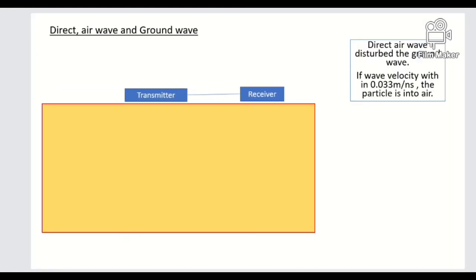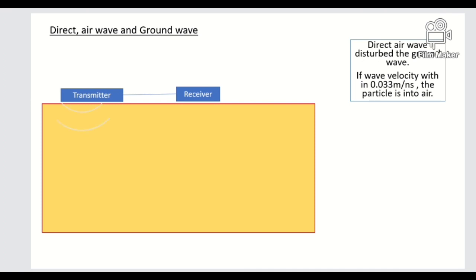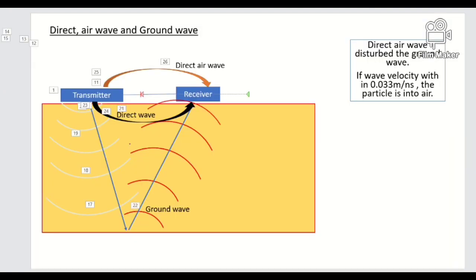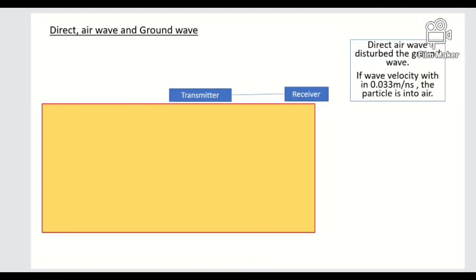You transmit the wave energy and the receiver receives it, but now we will see how noise or any other wave disturbs the ground waves.